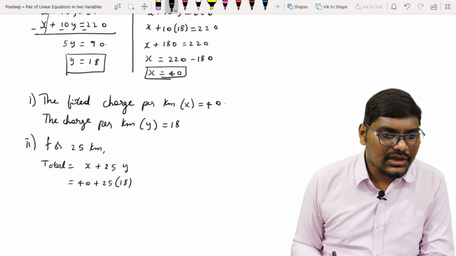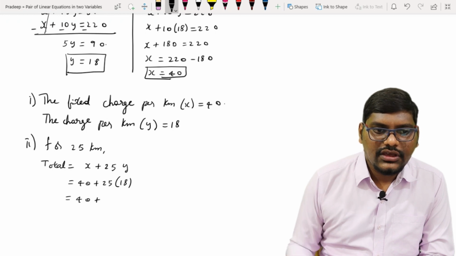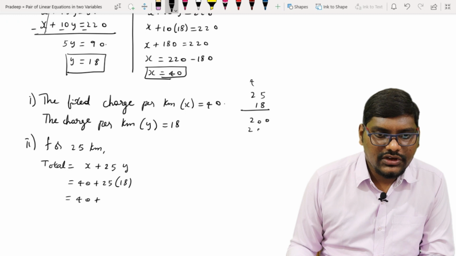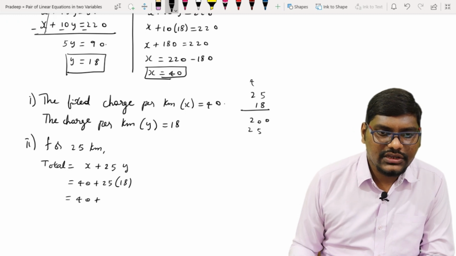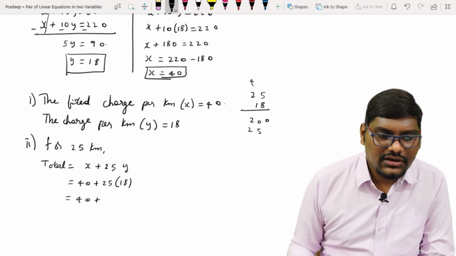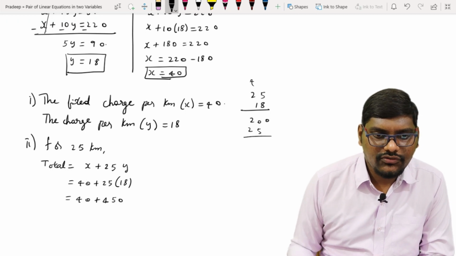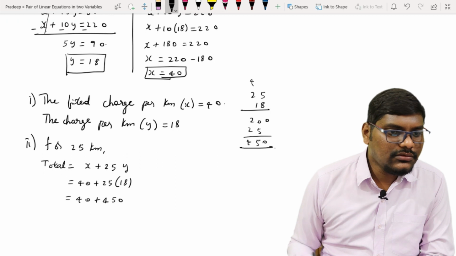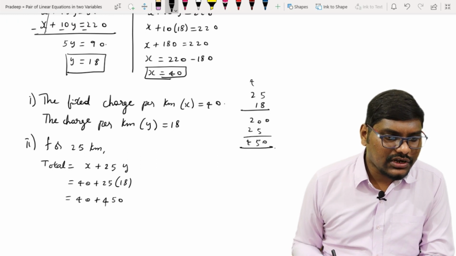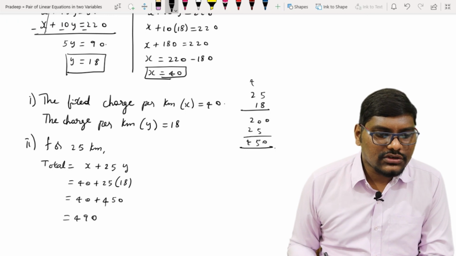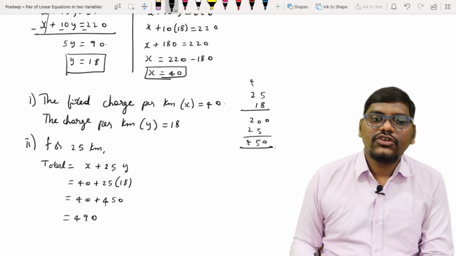So if we multiply, that is 40 plus 25 into 18. 5 eights are 40, 8 twos are 16, that is 20, 25. So simply you can write that as 450. So 450 plus 40 is 490.